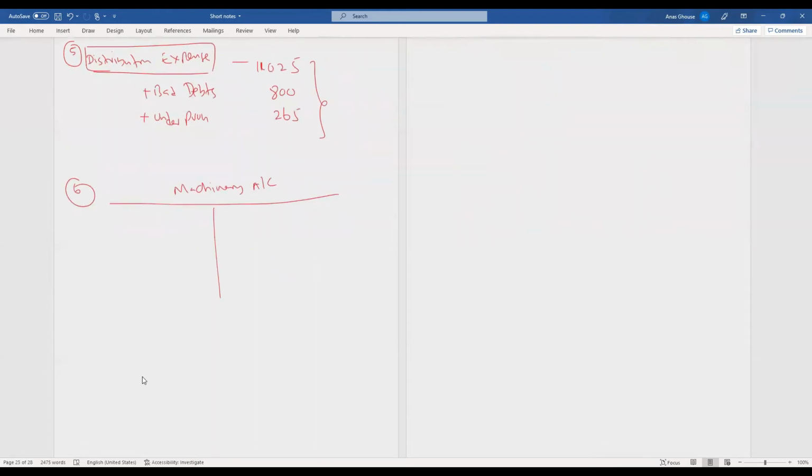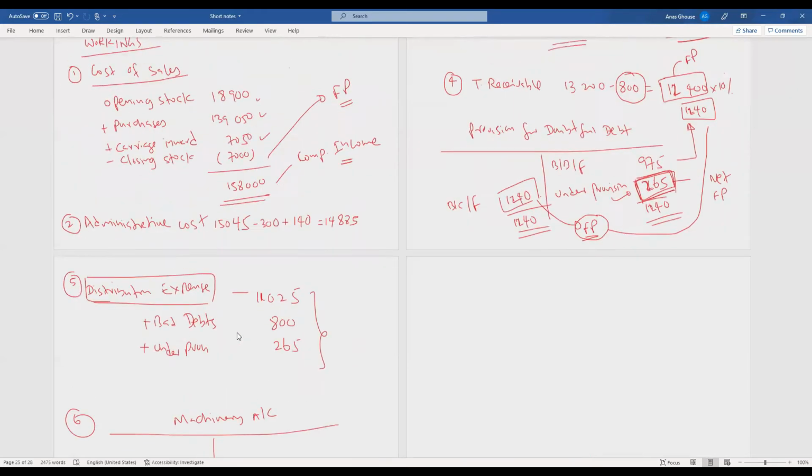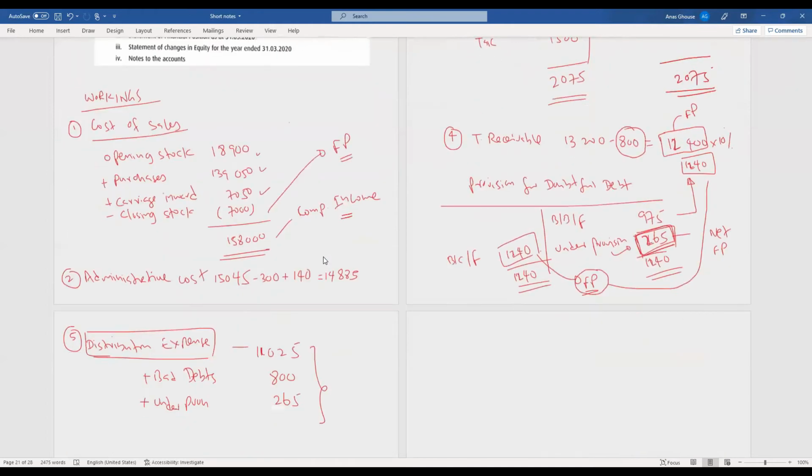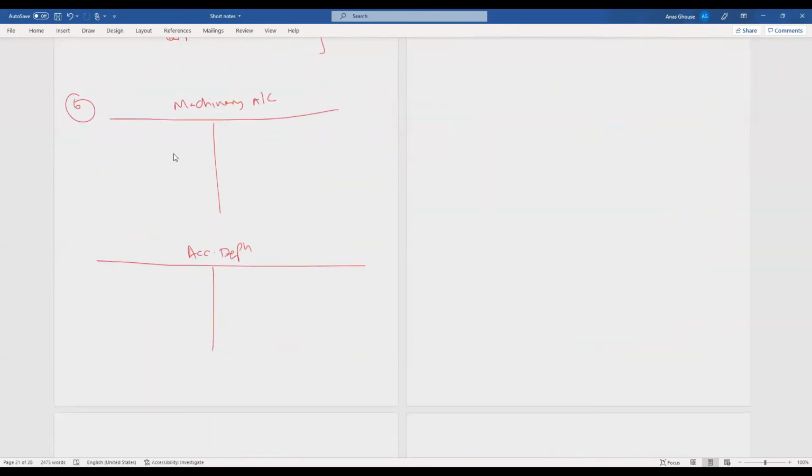Machinery account, according to the trial balance, it's 21,000 and here 4,500. So 21,000 and 4,500, these are the closing balances. We'll take the closing balances.